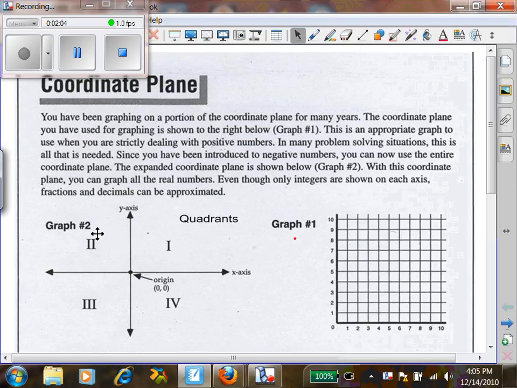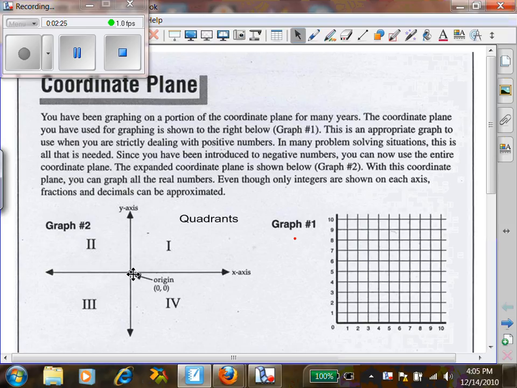Quadrant 2, which is 2 I's for Roman numerals, we are going to the left, which would be negative numbers on this part of the number line, negative numbers to the left, and then positive numbers up. So quadrant 2 has negative x values and positive y values.